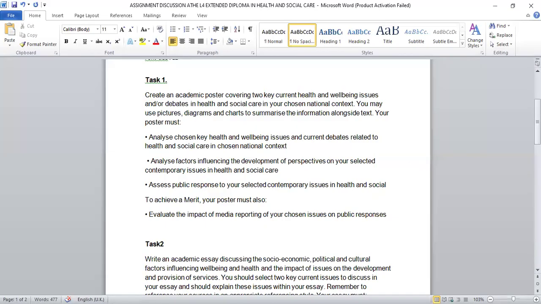So in so doing, what we mean is that when we say analyze those issues, we expect that at least you should be able to produce work in the form of an academic poster, which can include text, diagrams, infographics to present two main health and well-being issues and or current debates. You have to make sure, like I did mention, that all your sources should be referenced accordingly.